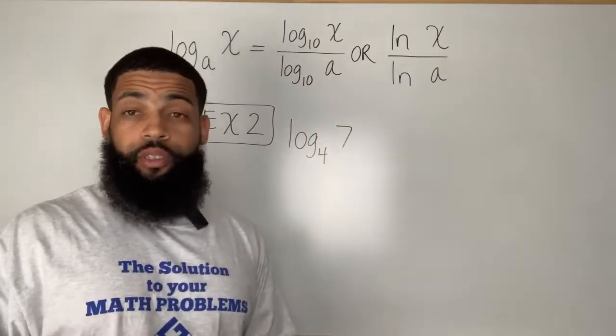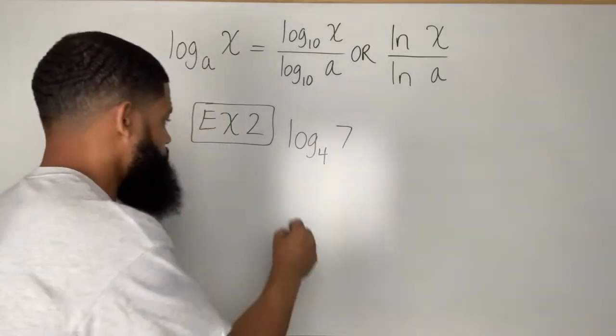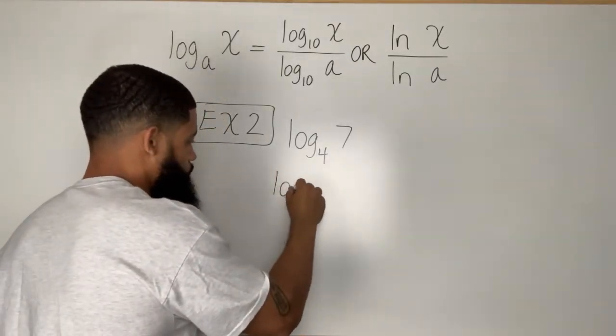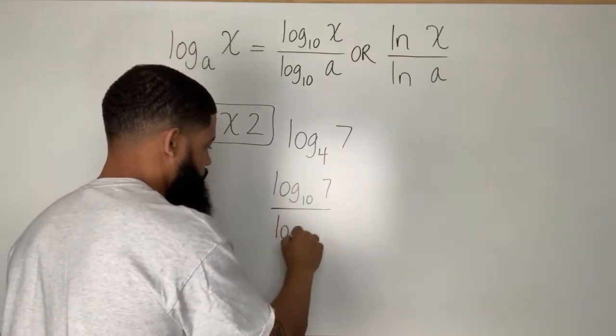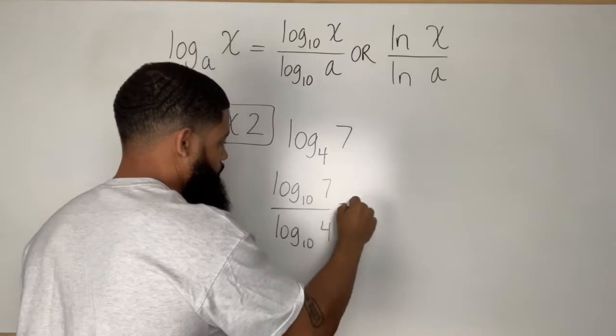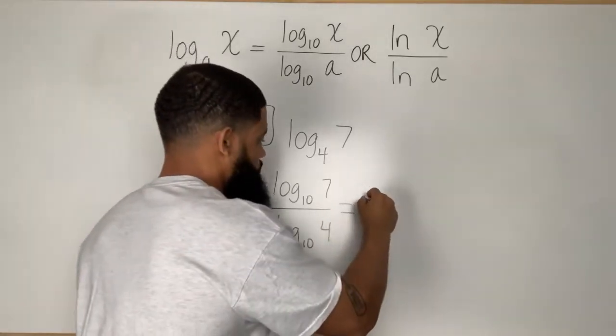Well, 4 to the first power equals 4, and 4 to the second power equals 16. So we're going to use change of base, so log base 10 of 7 divided by log base 10 of 4.